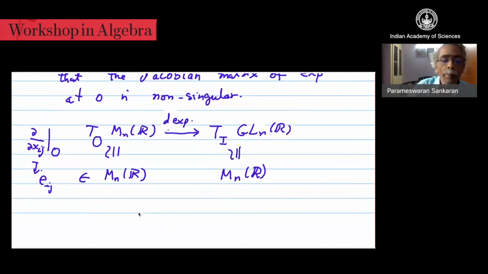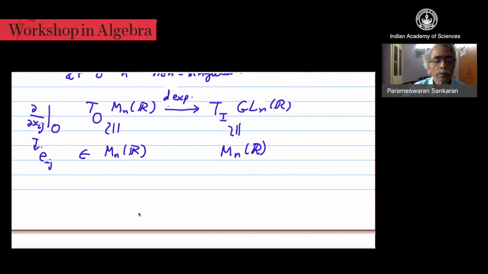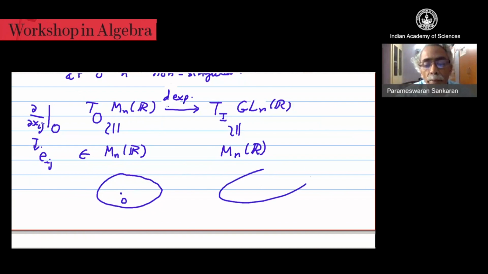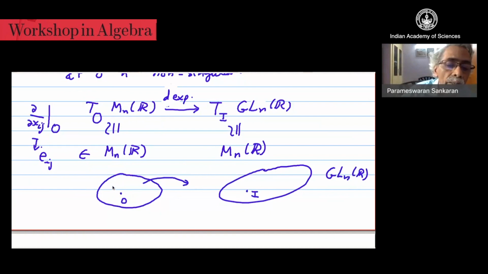Now I will draw a picture here. Here I have the origin. You can think of this as U or Mn of R, it doesn't matter. This is just a schematic picture, and this is my GLn(R). Under exponentiation the origin goes to the identity element. Now I have a tangent space here which I draw like this, and a tangent space here like this.